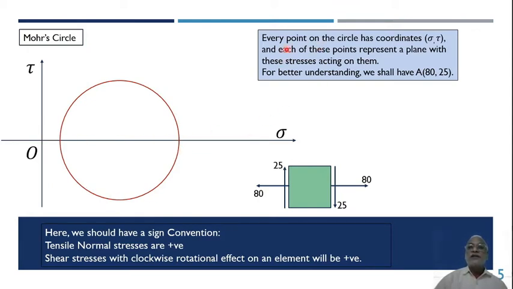So every point on the Mohr circle has coordinates sigma and tau, and each of these points represents a plane with these stresses acting on them. That's an interesting part. That is Mohr circle. Like here you have a plane with stresses and this plane is represented by a point on the Mohr circle.